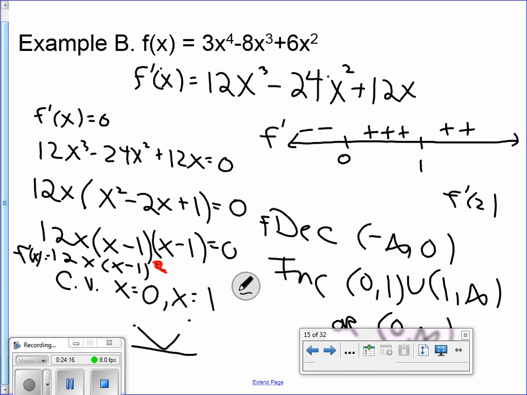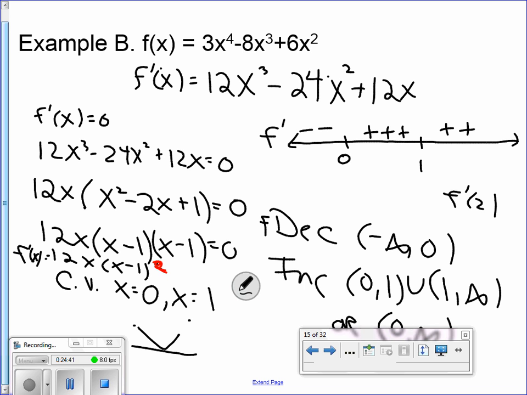So really, if x is positive, the derivative will be positive, and if x is negative, the derivative will be negative. You can take your test values like 2, or a number like a half, and all the factors will be positive. The only way you're going to get a negative value for your first derivative is if x itself is negative. So that's the sign chart.